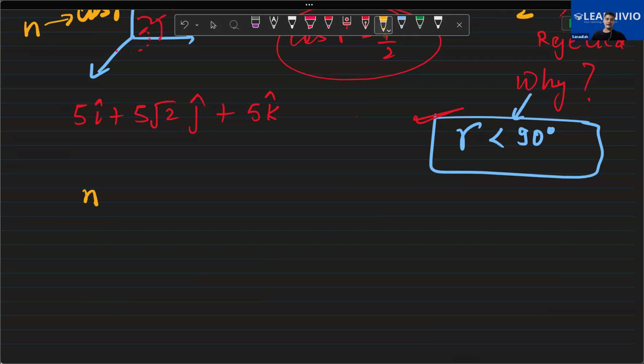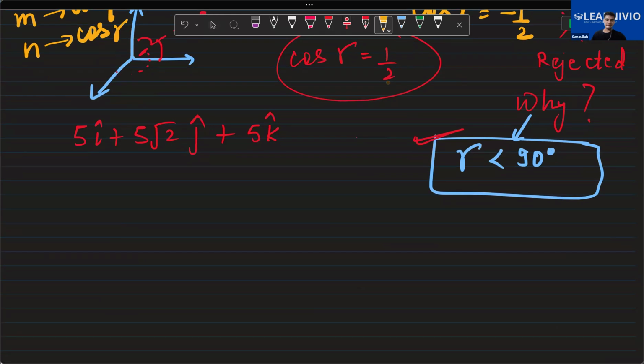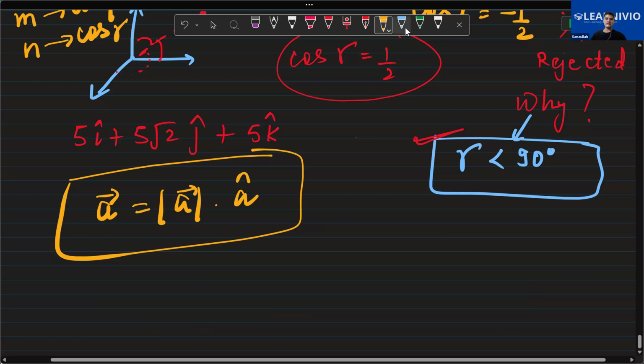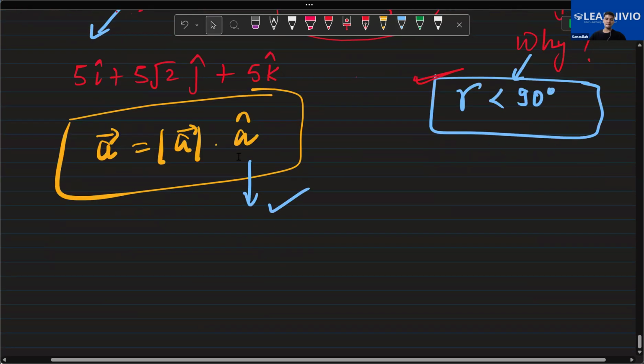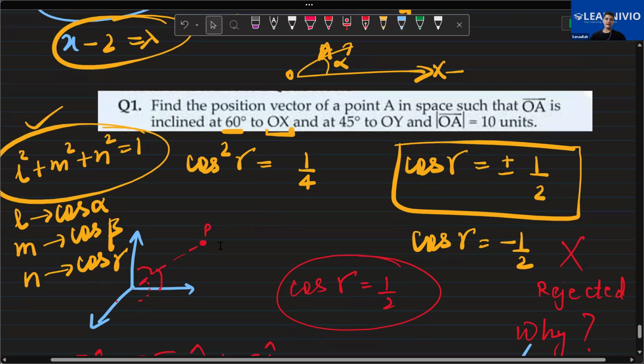For any vector, if you want to find it, you must know its magnitude and its direction. So according to these things, you know your direction: cos alpha i cap, cos beta j cap and cos gamma k cap.